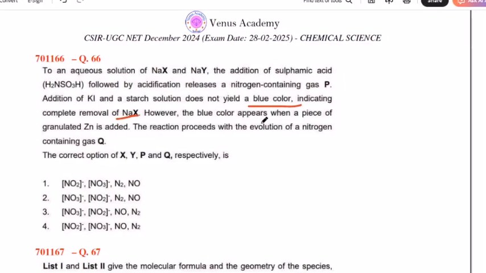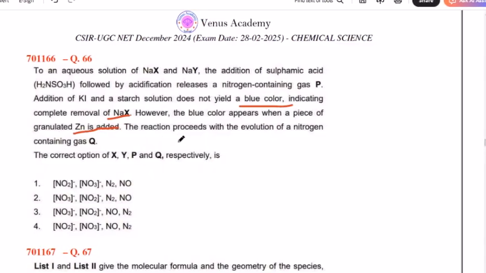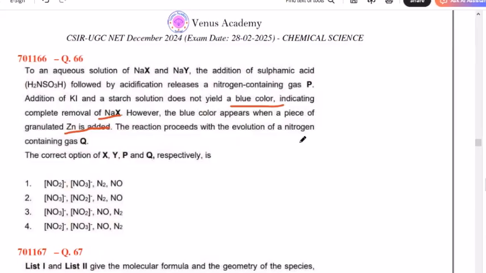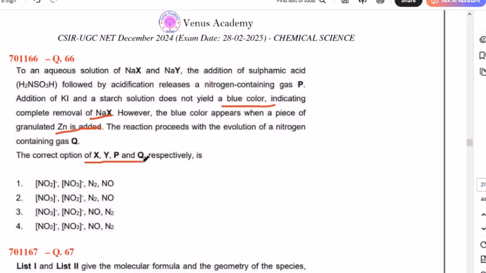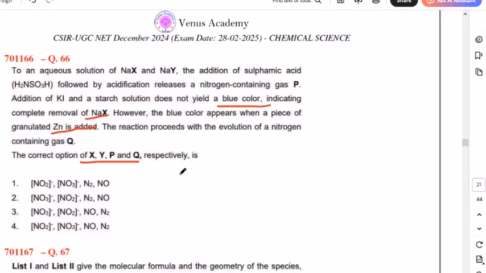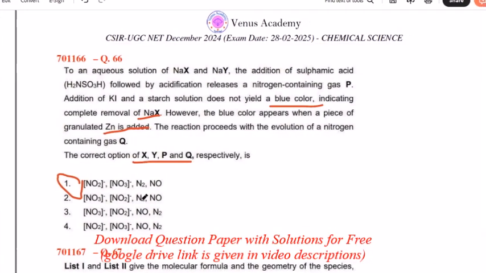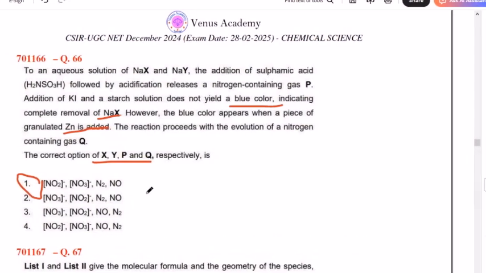However, the blue color appears when a piece of granulated zinc is added. The reaction proceeds with the evolution of a nitrogen containing gas Q. The correct option for X, Y, P and Q respectively is: NO2, NO3, N2 and NO. Option number 1 is the correct option, friends.